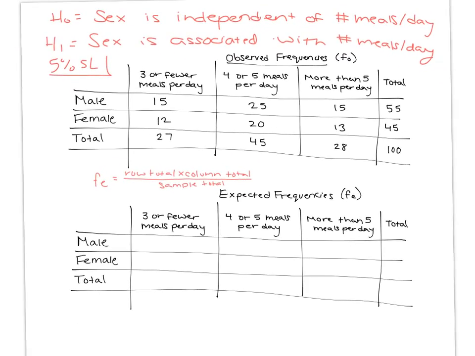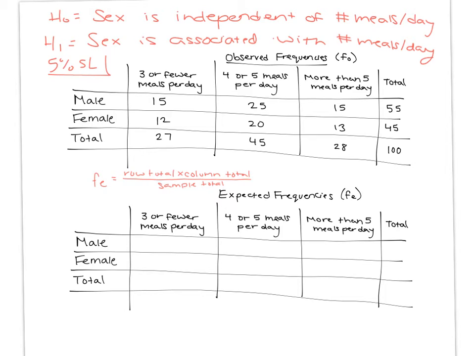Okay, the next thing I'm going to do is find my expected frequencies. I have right here my formula for finding the expected frequencies. We're going to take the row total times the column total and divide by the sample total. So in order to find what my expected frequency would be for males eating 3 or fewer meals per day, I'm going to look at my male column, and my male total is 55.